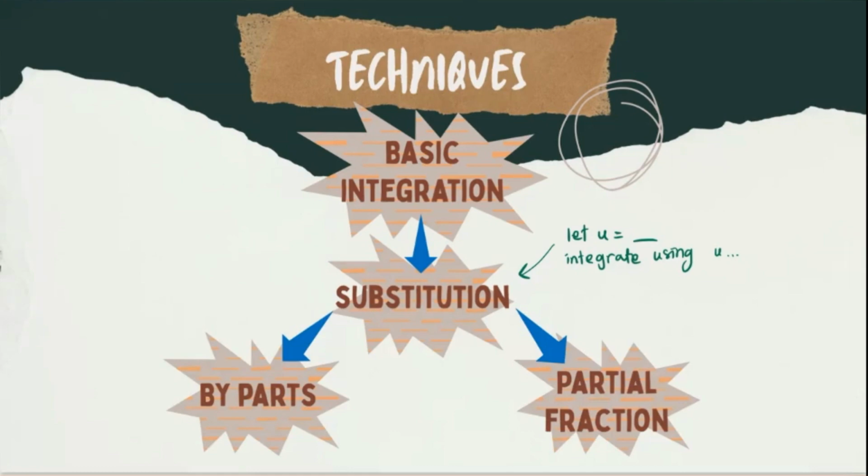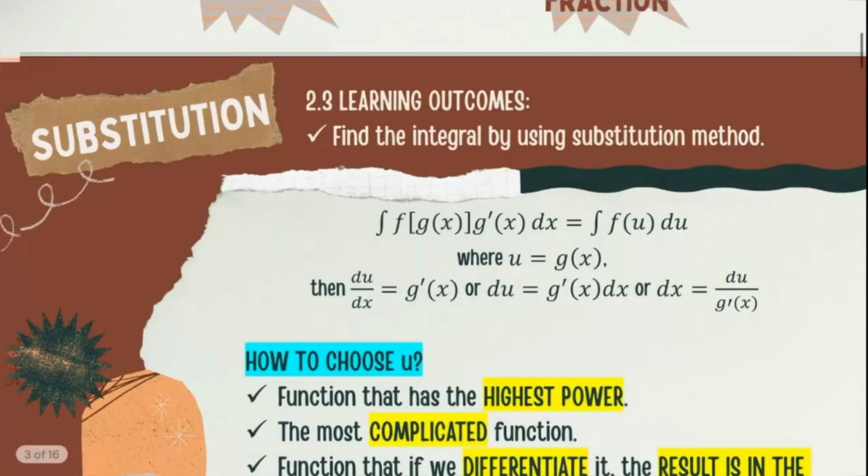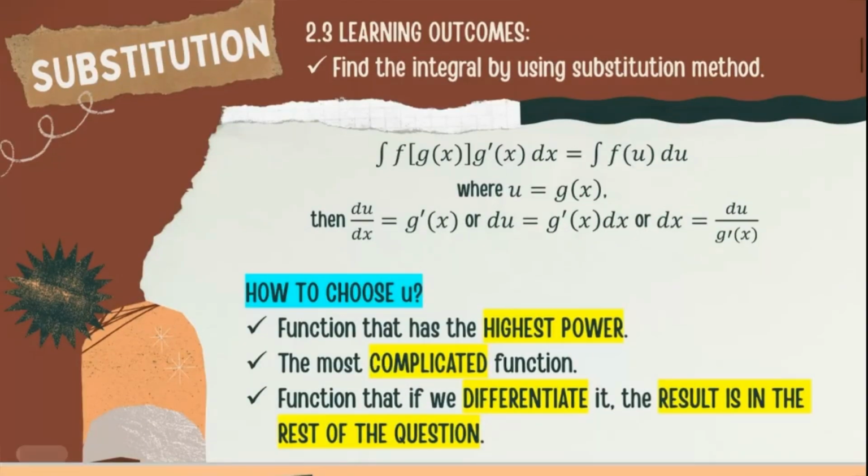Okay, so now let's look at the first learning outcome yang mana kita akan menggunakan substitution method. So by the end of this lesson, you should be able to find the integral by using substitution method. So what is substitution method? So let's say the function can be written in terms of f of u du.